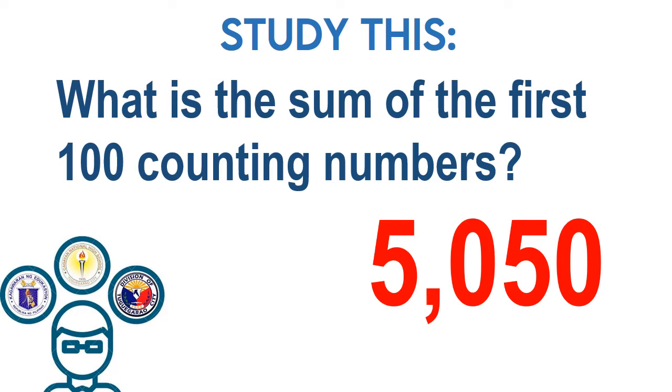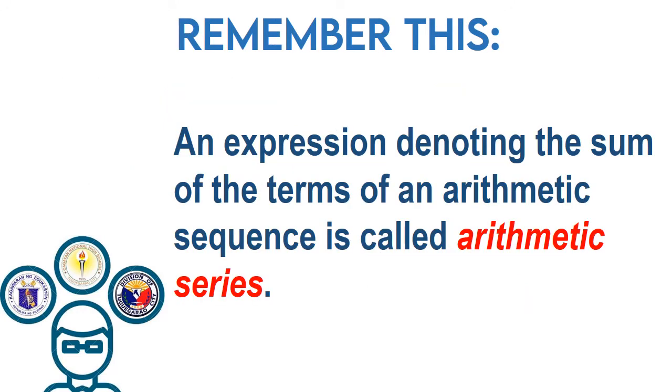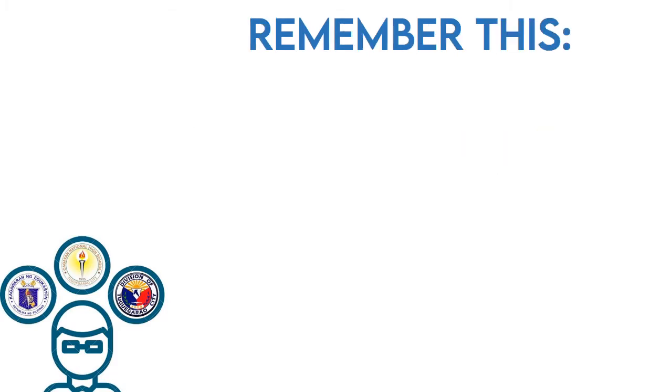In my last video tutorial, we talked about arithmetic sequence, and today in this video, we will talk about something related to arithmetic sequence, and that is arithmetic series. What is arithmetic series? Class, I would like you to remember that an expression denoting the sum of the terms of an arithmetic sequence is called arithmetic series.